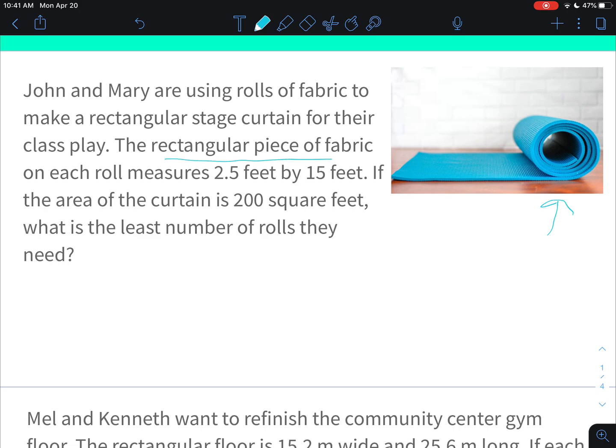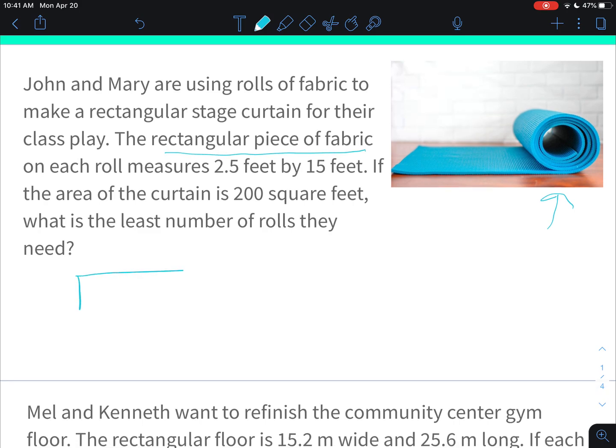So, if I draw this out here, here's my rectangular piece of fabric on each roll, and it is 2.5 feet by 15 feet. Those are just the dimensions. If the area of the curtain is 200 square feet, what is the least number of rolls that they need?